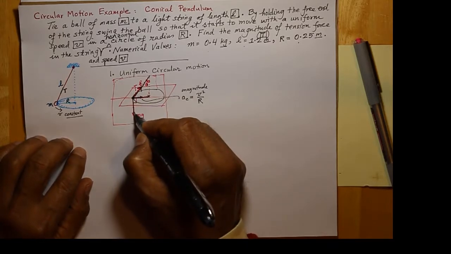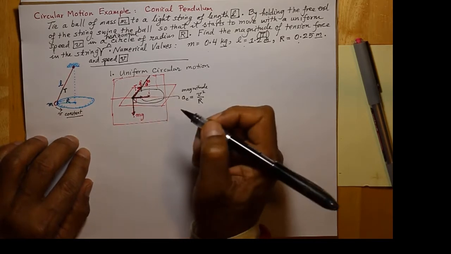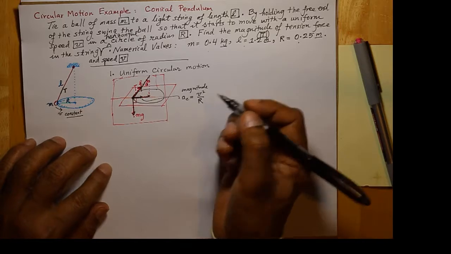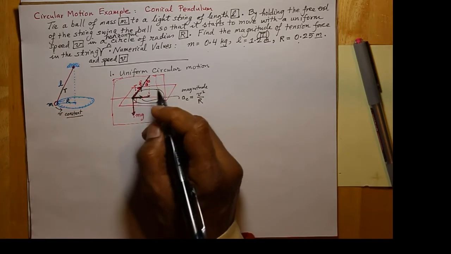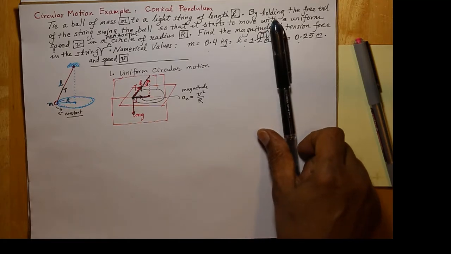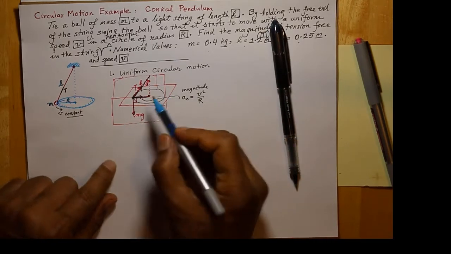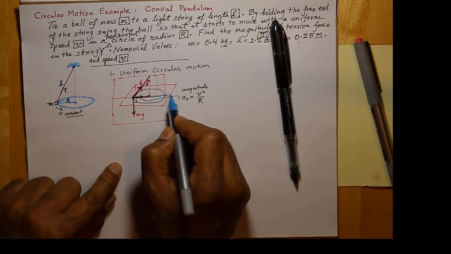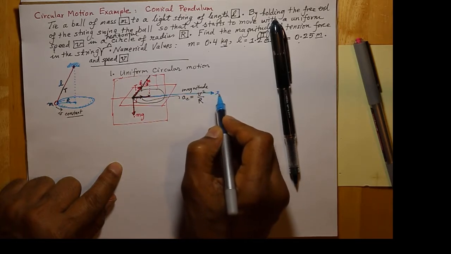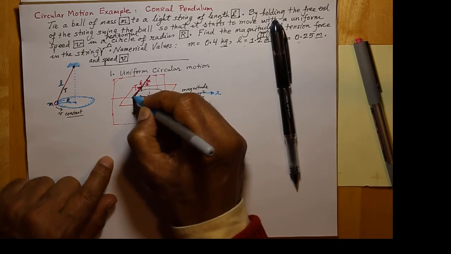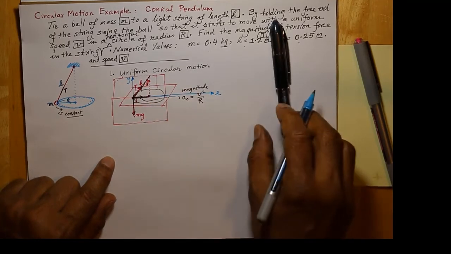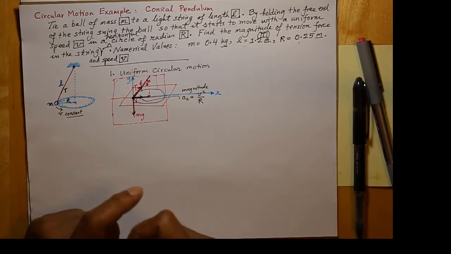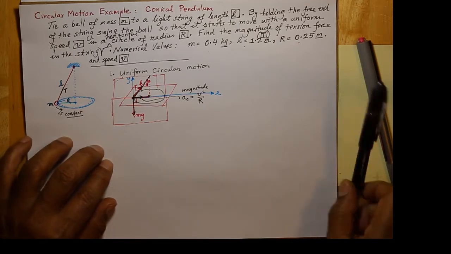Okay, so these are three vectors that we need to work with. Well, acceleration is then in this direction. As has been the practice, we can use this direction as the positive x-axis, and this direction as the positive y-axis. So you can see what the components of the F equals ma will be.